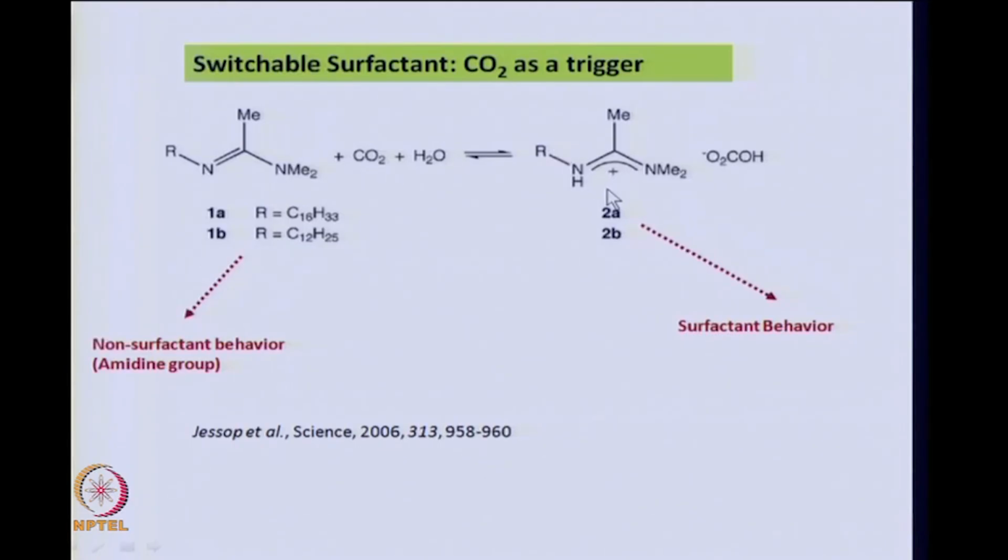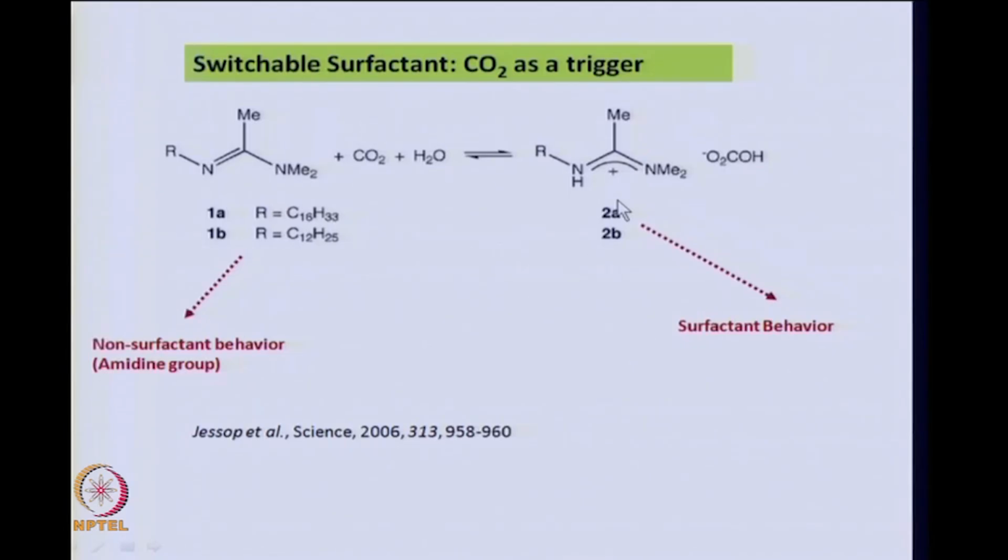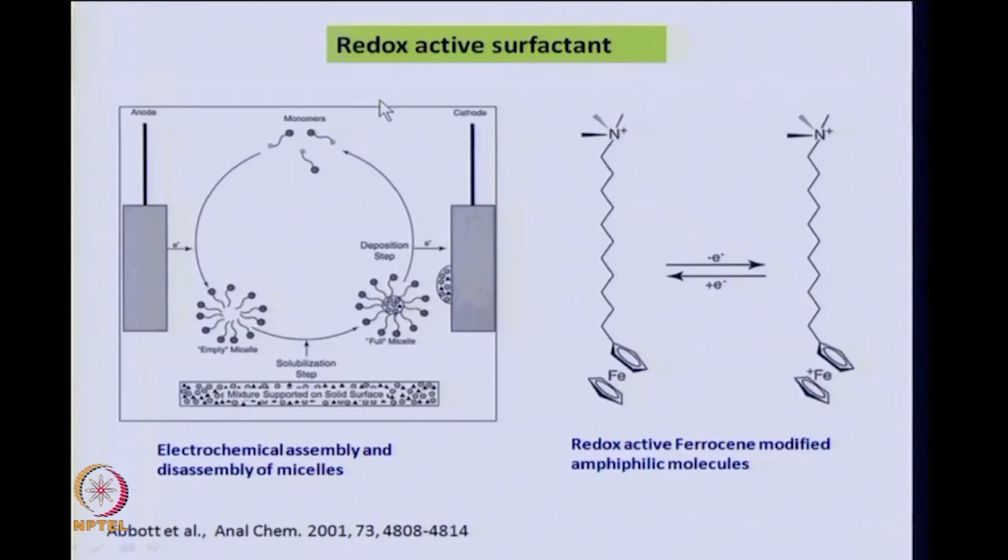That means it can then aggregate if you put it in sufficient quantity in a solution containing water and oil, then it can give rise to spherical aggregates or different shapes of aggregates like micelles or reverse micelles, depending on the concentration of carbon dioxide. So, the carbon dioxide triggers this molecule which is not a surfactant, but in the presence of carbon dioxide becomes a surfactant. So, such surfactants are called switchable surfactants.